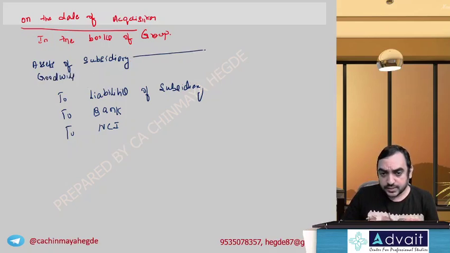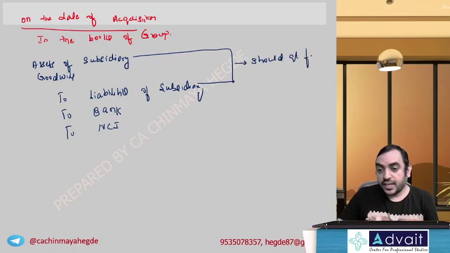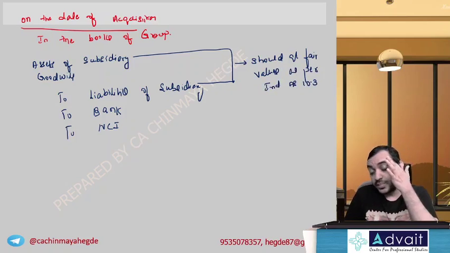And these assets and liabilities should be taken at fair values, as per Ind AS 103. As per Ind AS 103.